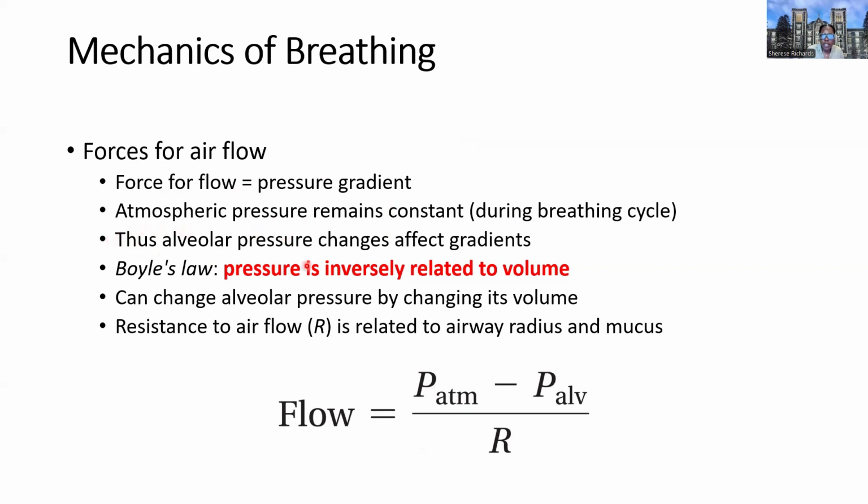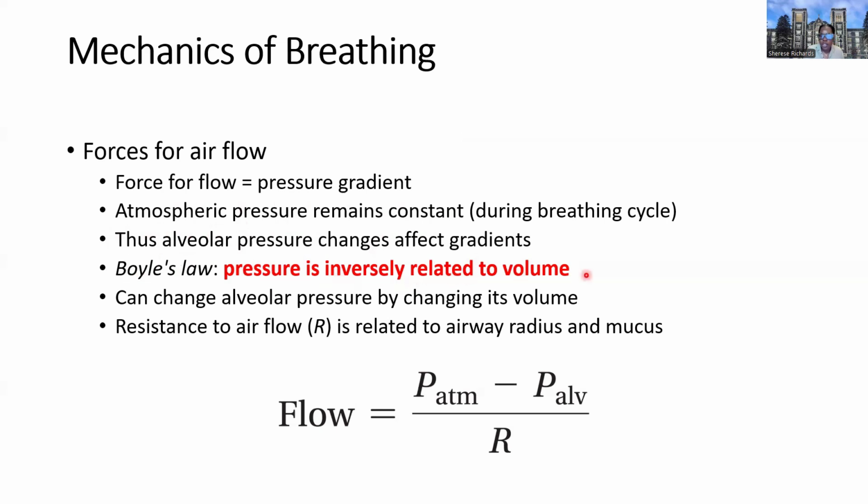So the alveolar pressure is what is changing. The atmospheric pressure isn't changing much. Instead, the alveolar pressure is going up and down to change the direction of that gradient and move air either in or out, respectively. Boyle's law is what describes this relationship. It says that pressure is inversely related to volume.